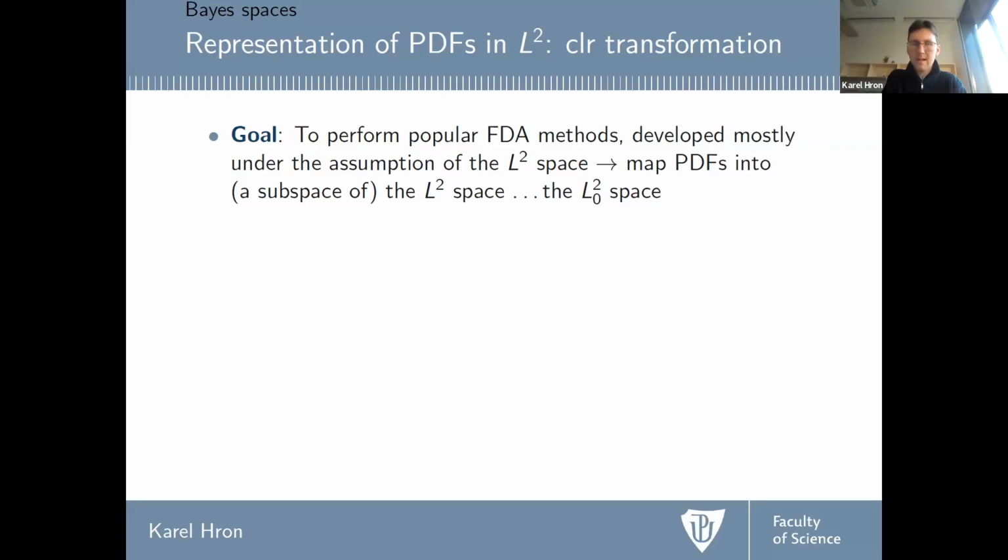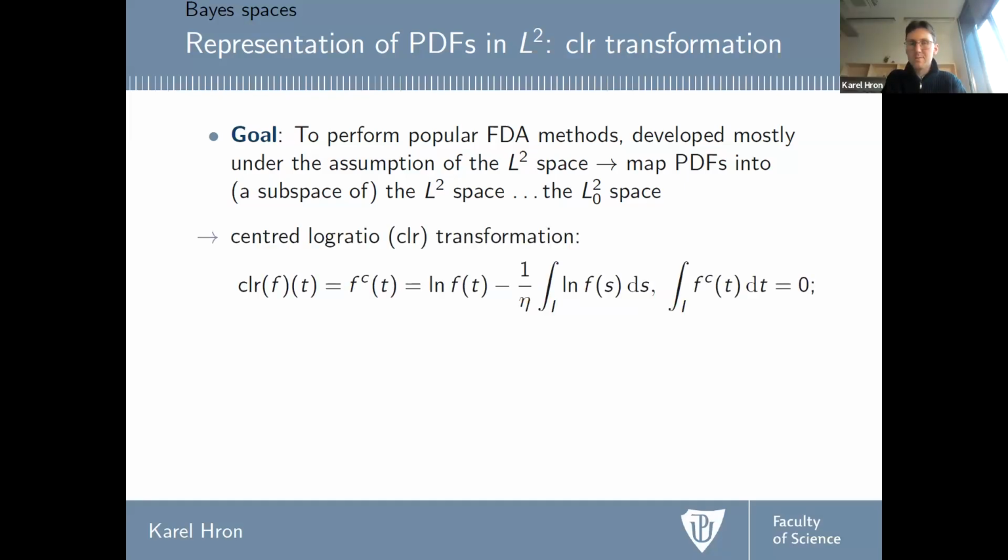On one hand, it is completely meaningful to analyze densities directly in the Bayes space, because densities are well characterized there. But still, if we would resort to popular methods of functional data analysis, it somehow makes sense to proceed to the L2 space. And for this purpose, we have the so-called centered log ratio transformation, which is, as you can see, the log transform of the density, where a kind of mean is subtracted.